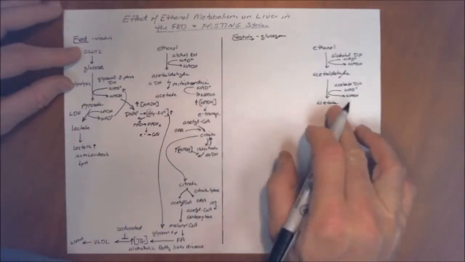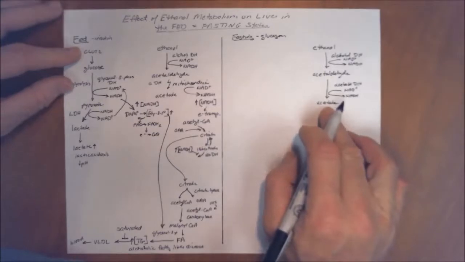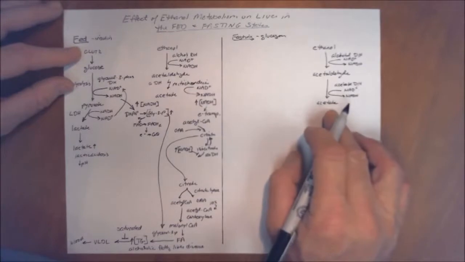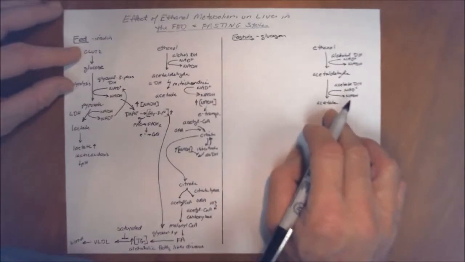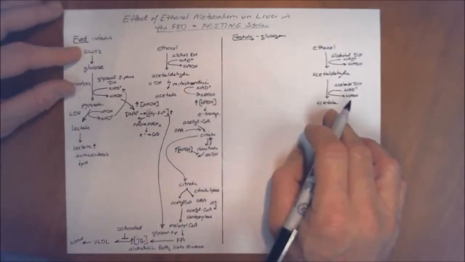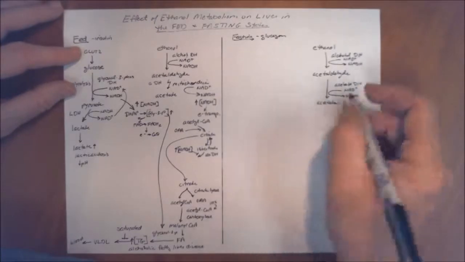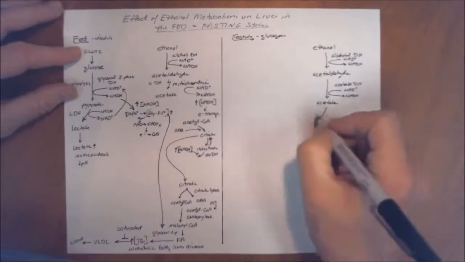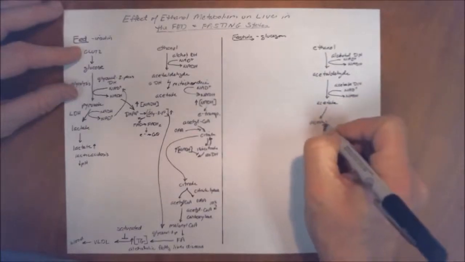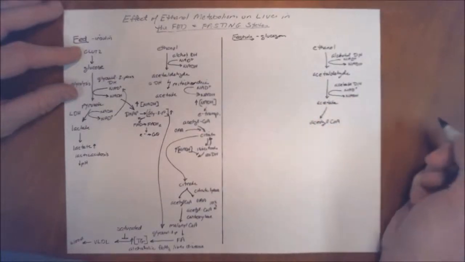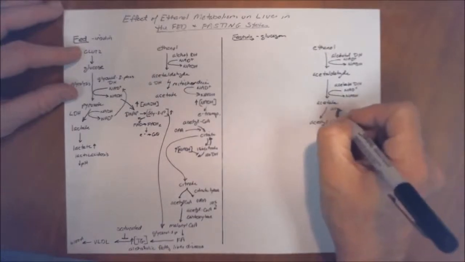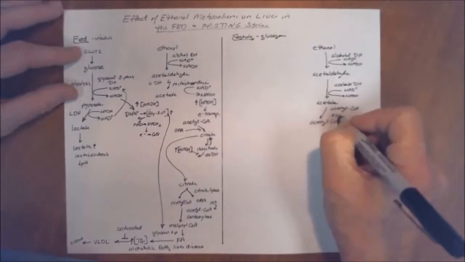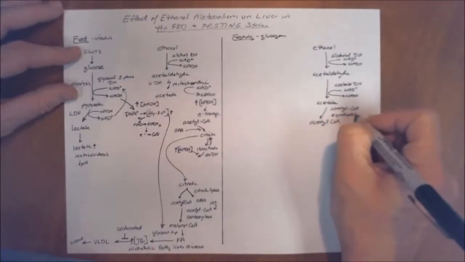And at this point, the acetate can be used by either the liver or it can be subject to secretion into the blood so that other tissues, like skeletal muscle, will take this up and use it. If the liver uses this, this is going to convert this into acetyl-CoA by acetyl-CoA synthetase.